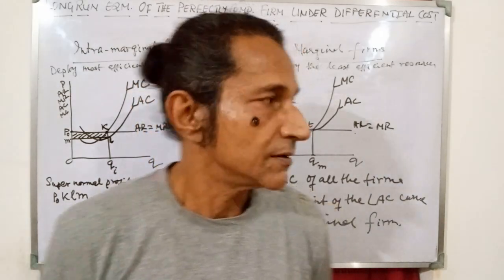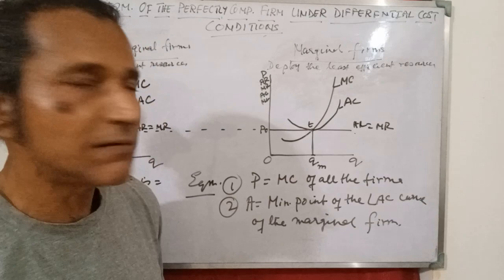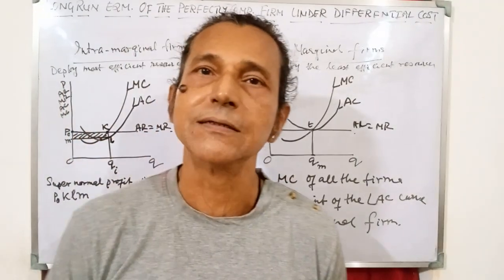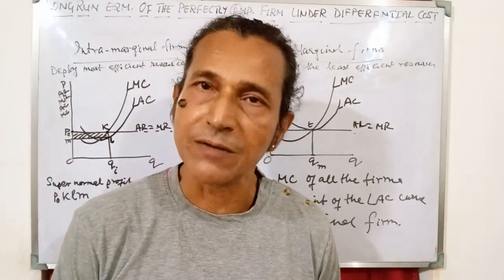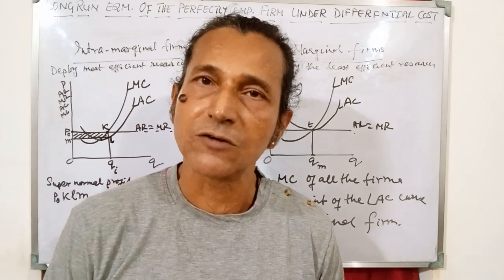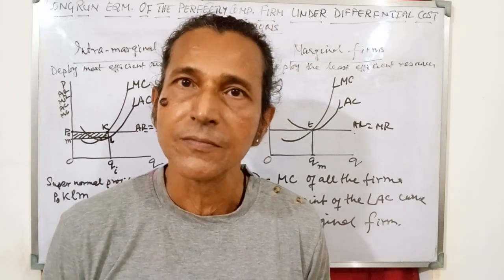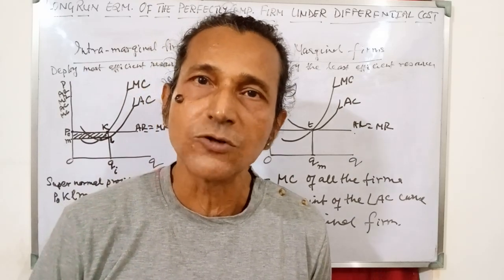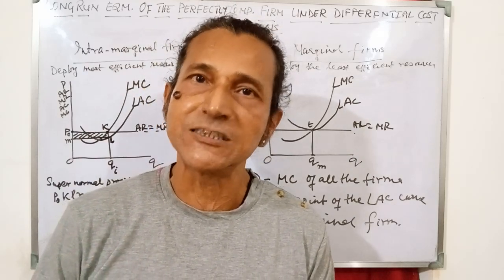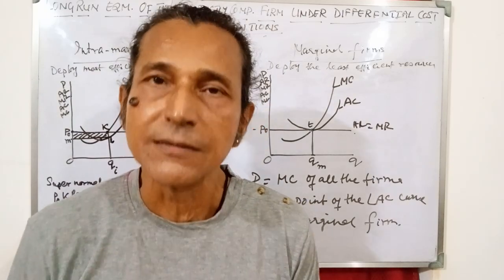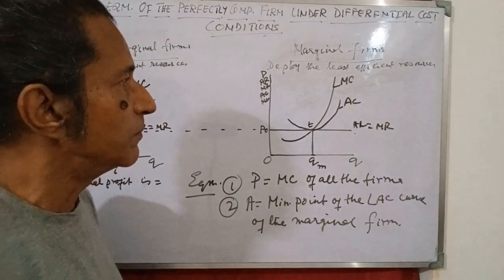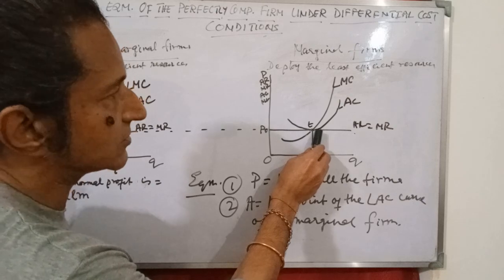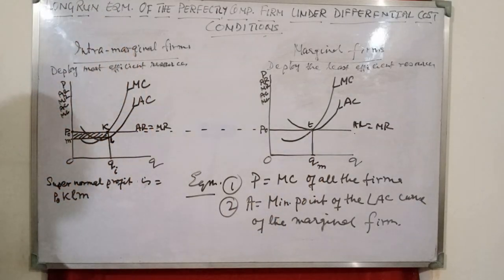As a result, production would fall, supply would fall, and as supply falls, price would go up, and ultimately this process will go on till the price becomes the minimum of the long run average cost curve. Correct?